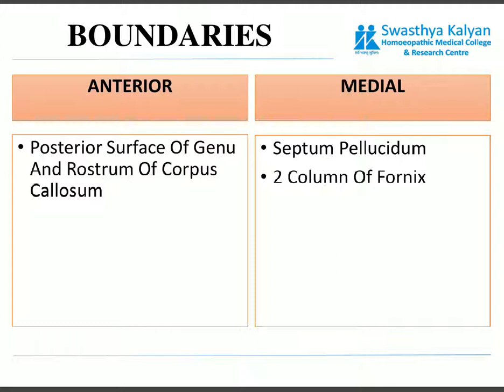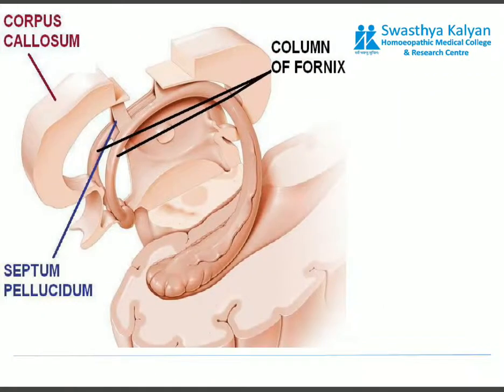The anterior boundary of the anterior horn is formed by the posterior surface of the genu and rostrum of the corpus callosum, and the medial boundary is formed by the septum pellucidum and the two columns of the fornix. The same can be seen in this figure: the corpus callosum, then the fornix, connected with the help of the septum pellucidum, and on both sides of this structure the lateral ventricle is located.